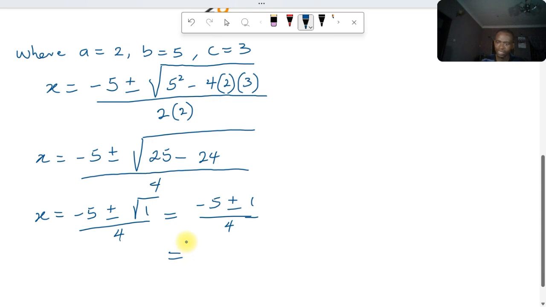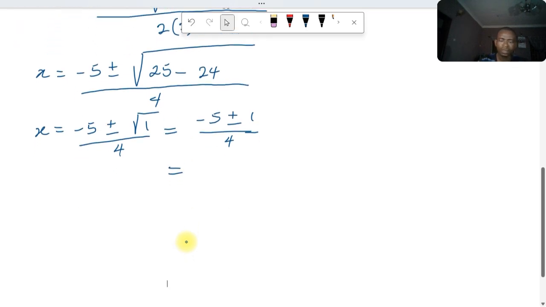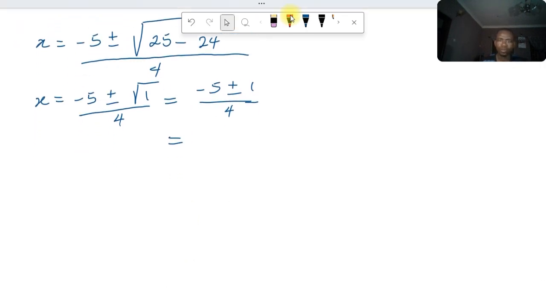So we proceed by saying that we have minus 5. We will split the plus and minus now. Plus will go a separate way, minus will go a separate way.